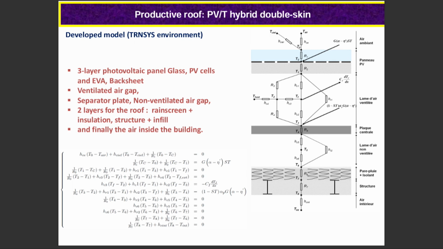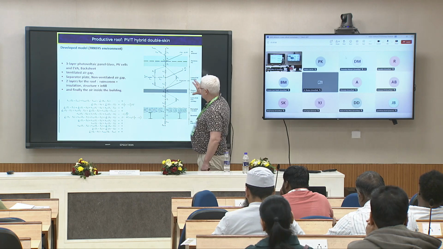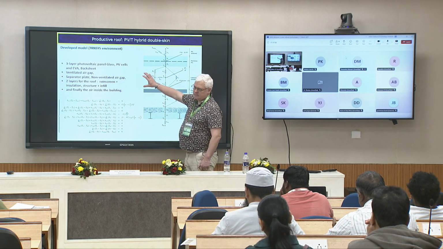Then there was the air gap. There was the aluminium frame, and the air was going inside here between the PV and the aluminium frame. Okay, so the airflow was here.